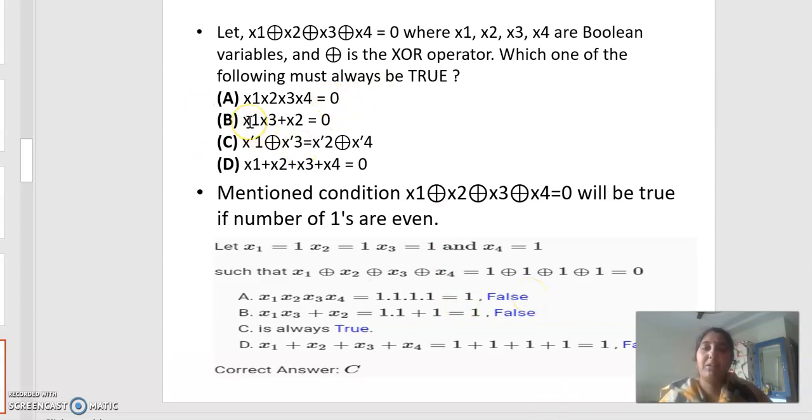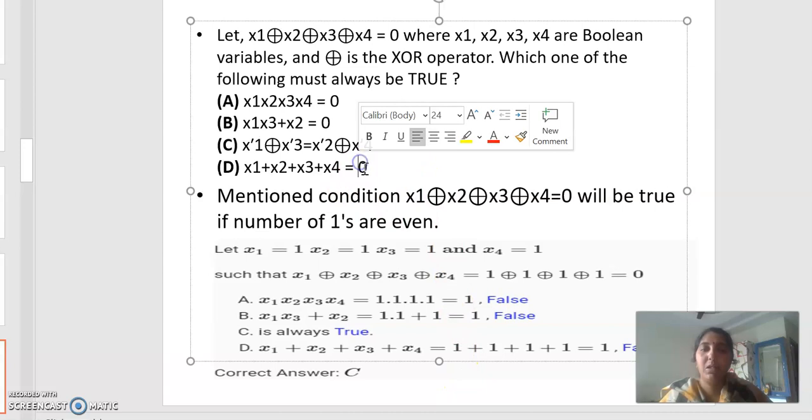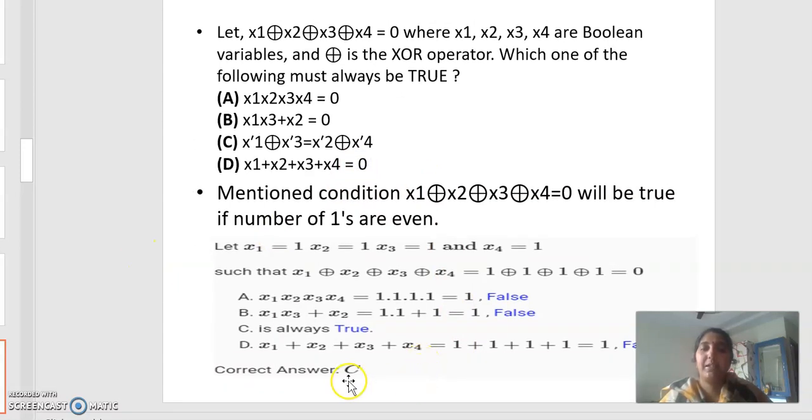Similarly, we check the next option by substituting the ones. Again, it is false. Next, the third option gives true. And for the fourth option, if we take the OR of all the ones, it equals 1, so it is not equal to 0. So we can say that the option is C.